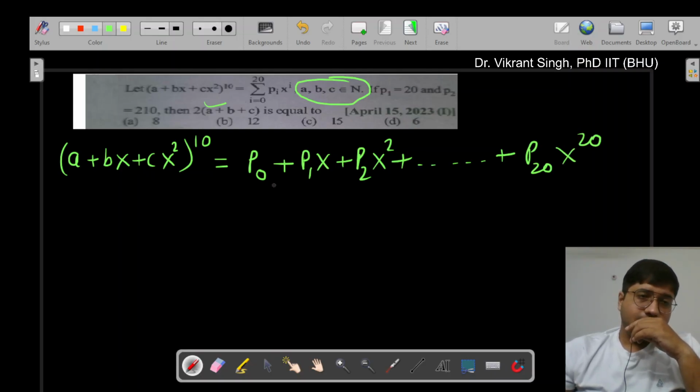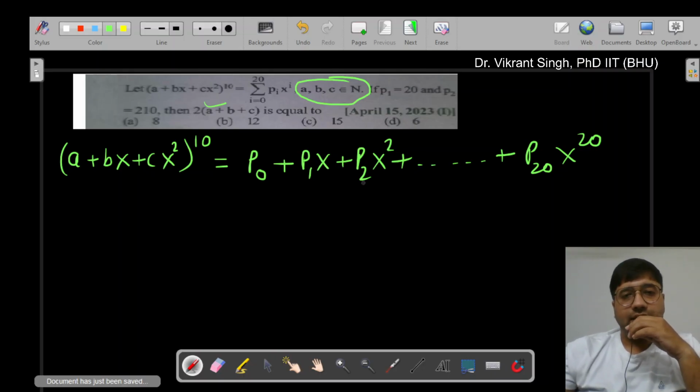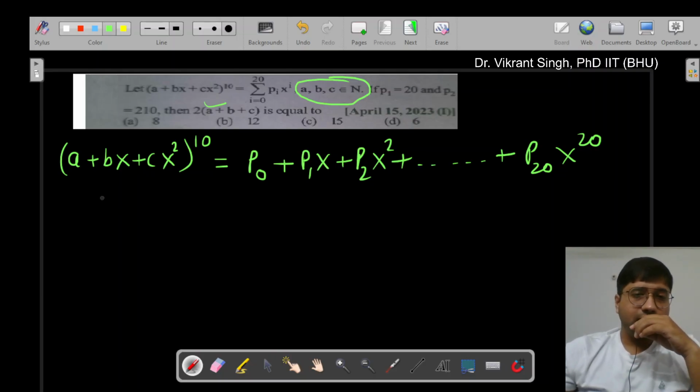Now in the given question, p1 and p2 are given, so p1 and p2 are the coefficients of x and x square respectively. So how do we get these coefficients directly? Because there are three terms, we have to use the multinomial theorem.